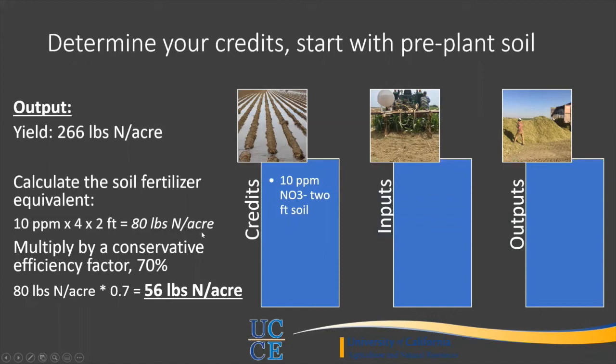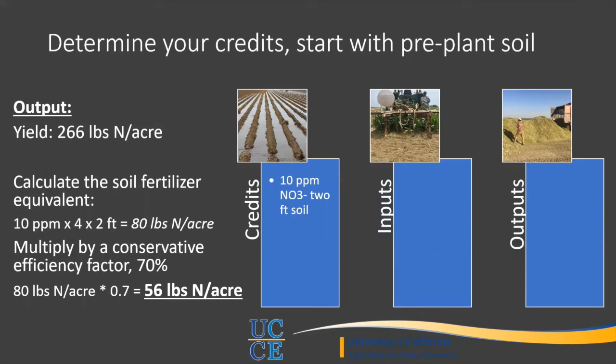However, not all of those pounds of nitrate nitrogen are going to be available to the crop because, of course, the roots do not occupy all of that volume. We'll multiply by a conservative efficiency factor of 70%. That's based on the assumption that in the top foot, about 40% of the effective roots of the plant can be found, and in the second foot, about 30% of the effective roots of the plant can be found.